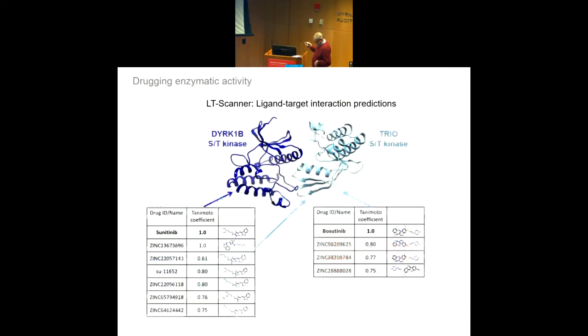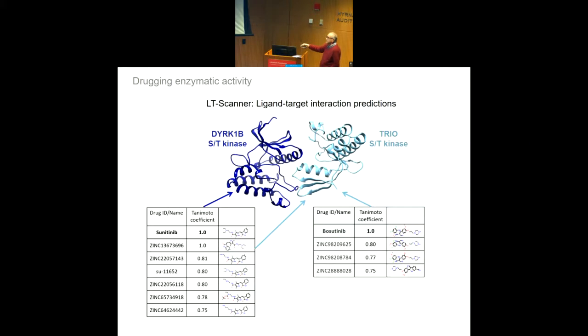Now, in a moment, in the last part of my talk, I'll be describing how we use the same concepts I've been talking about to predict what drugs might bind to a particular protein. But here I'll just point out that, in a way, the result of what I'm about to show you is that a known drug is predicted to bind to DYRK1B.